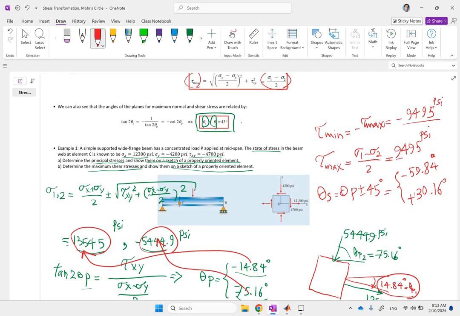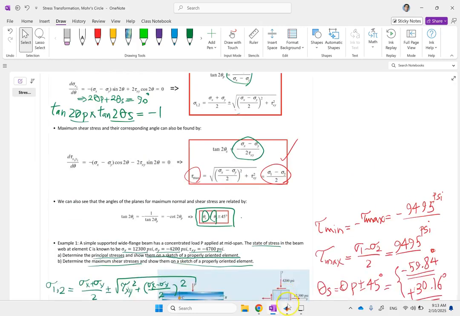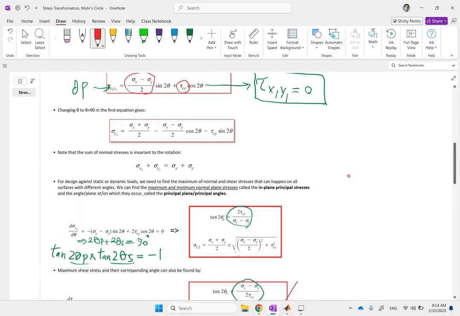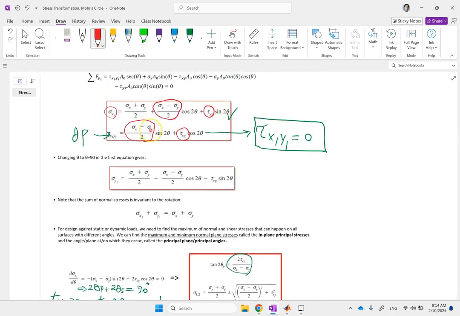So I found the max and the min shear stress and the angles for them. The question is which angle corresponds to which. Again, if you want, you can go ahead and plug one of those angles into basically this formula here. Theta P should go in this one, okay? I don't know if I made a mistake. This is theta S. Theta S should go into this one. So I plug in theta S in this one.